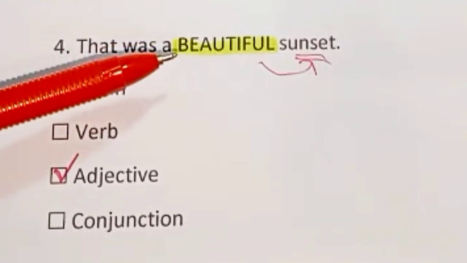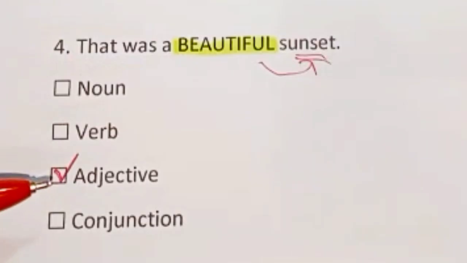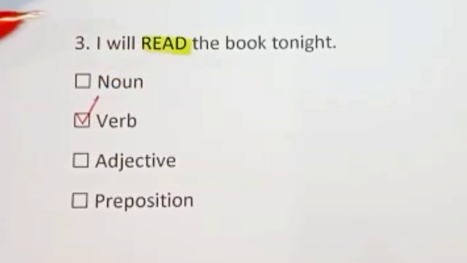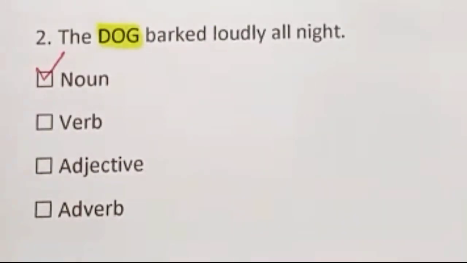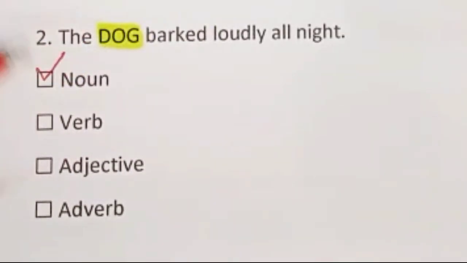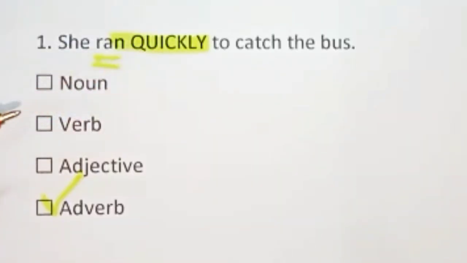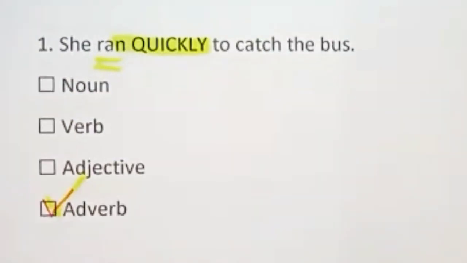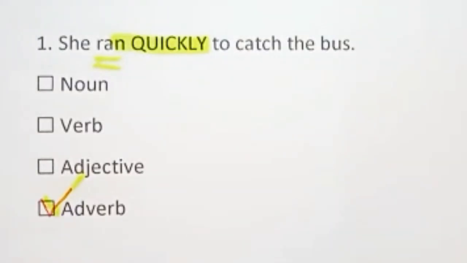Under, preposition. Beautiful, adjective. Read, verb. Dog is a noun. And quickly is an adverb. Why? There is ly. Let's give it a red color.